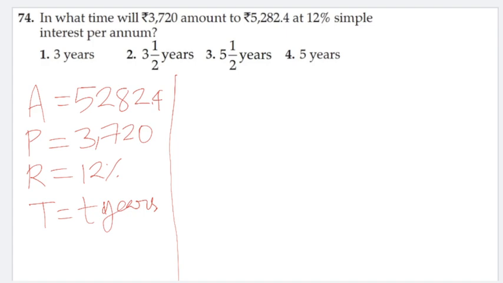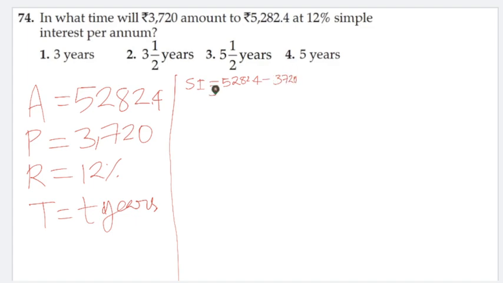Okay. So now coming to the formula for simple interest. We can simply calculate it with the final amount minus the principal amount. So that will be 5,282.4 minus 3,720. And what we will get?